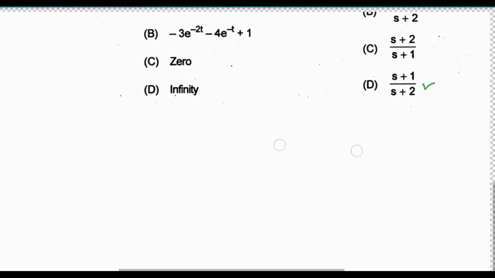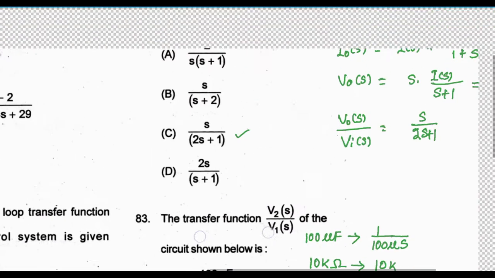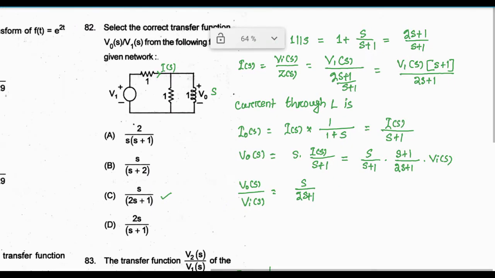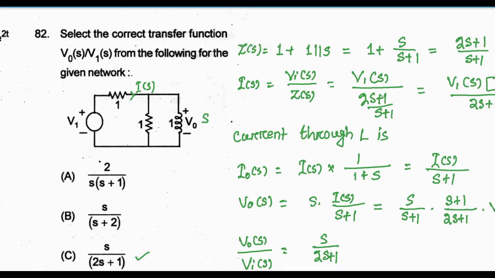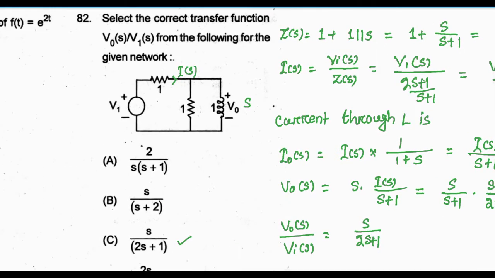Next question number 82. Select the correct transfer function V0(s)/V1(s) of the given network. So here the network is given and V0 is the voltage across this inductor and V1 is the input voltage, and we have to find out the transfer function.